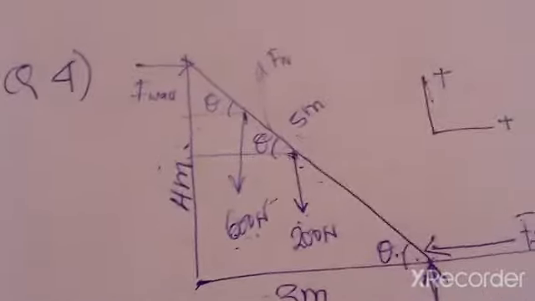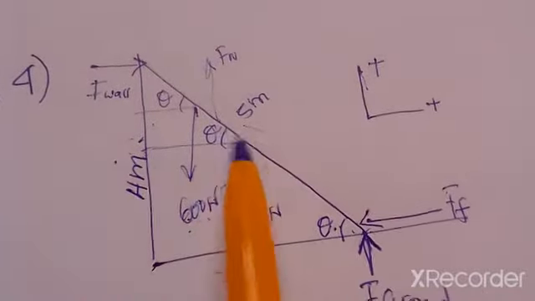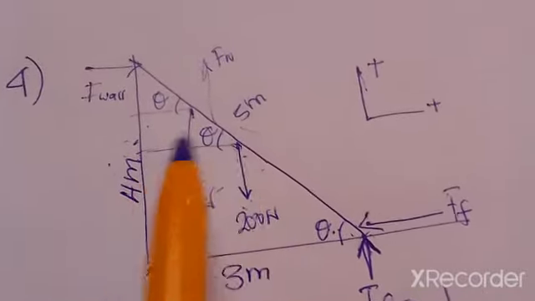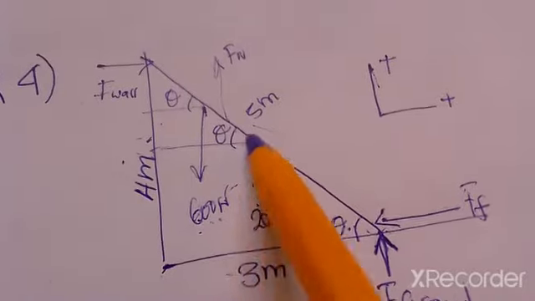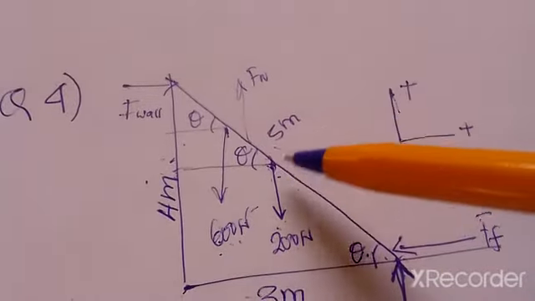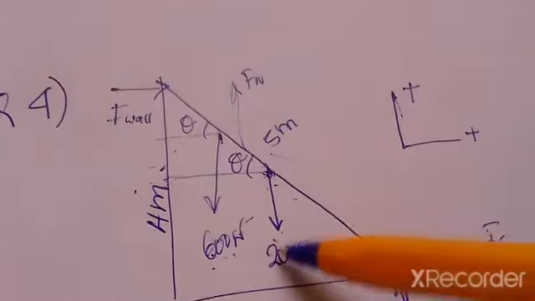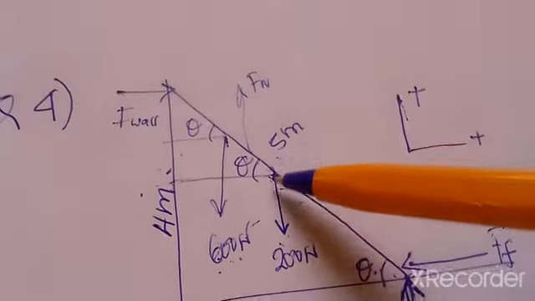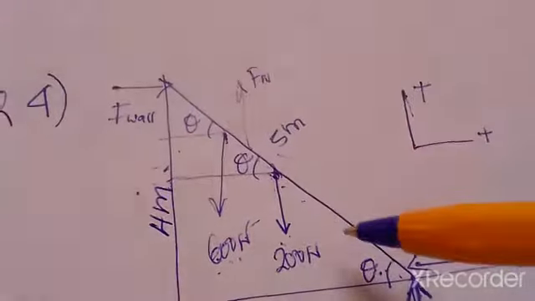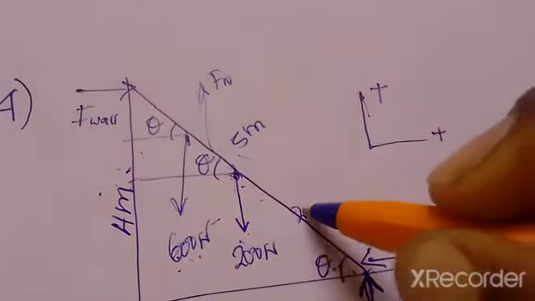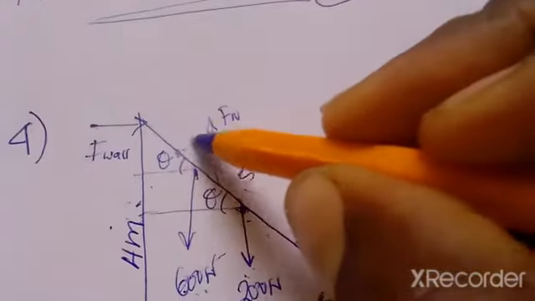Now we also have to find this perpendicular distance. To find this perpendicular distance, we know that the weight, the 200 Newton, is acting at the center of this ladder, meaning the distance here is 2.5 and the distance here is 2.5.